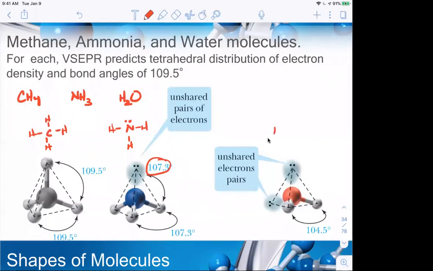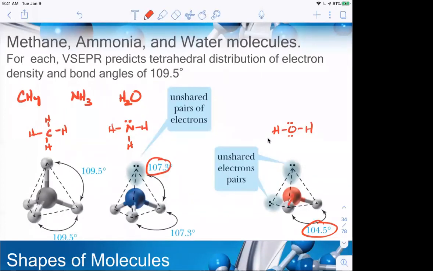Same thing with water. If I look at the water molecule and I have those 2 lone pairs, again, I have a tetrahedral electron geometry, and the bond angles between the actual atoms are going to be collapsed a little bit, well, 3 degrees in this kind of a molecule is a lot. It's going to be a lot more collapsed.